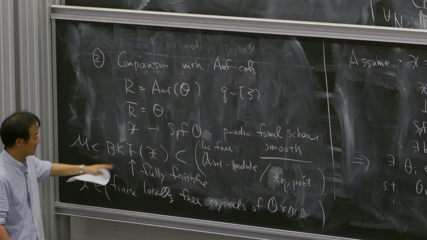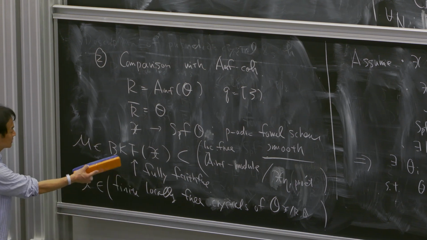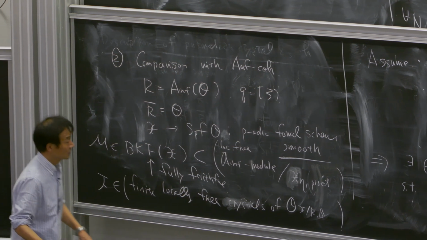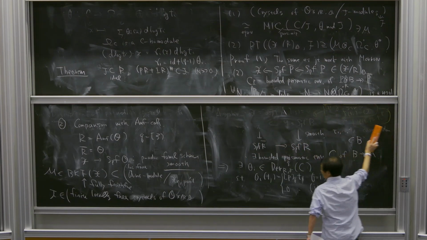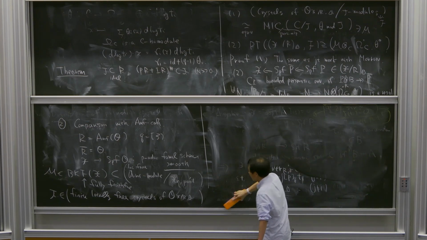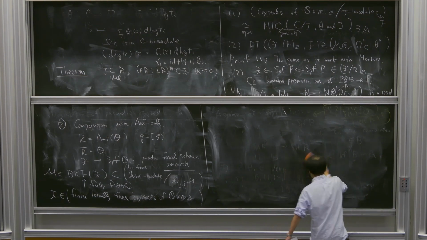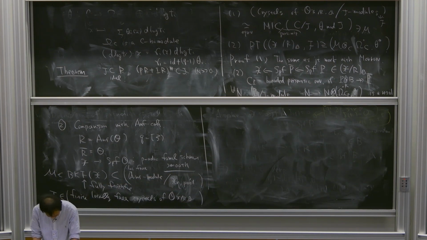So if you are given a Frobenius structure, then this becomes an equivalence of categories. So this is shown in the joint work with Morrow, and what one can prove is the following.